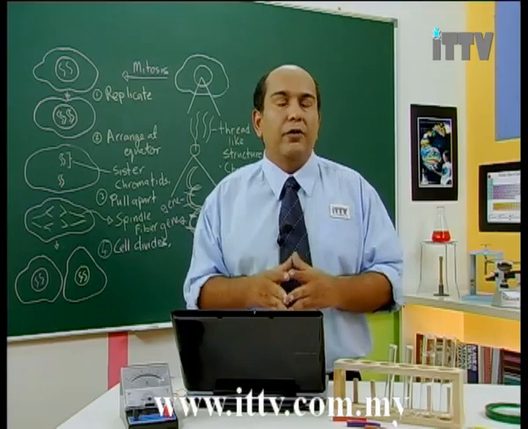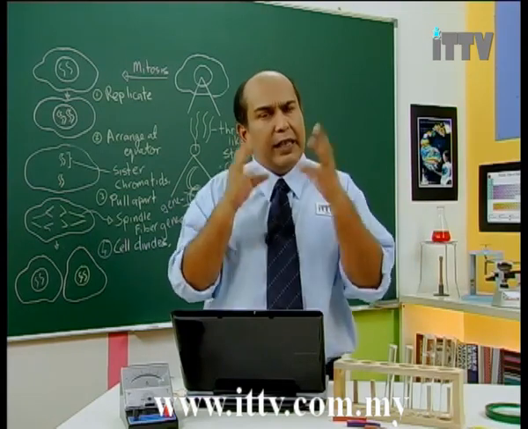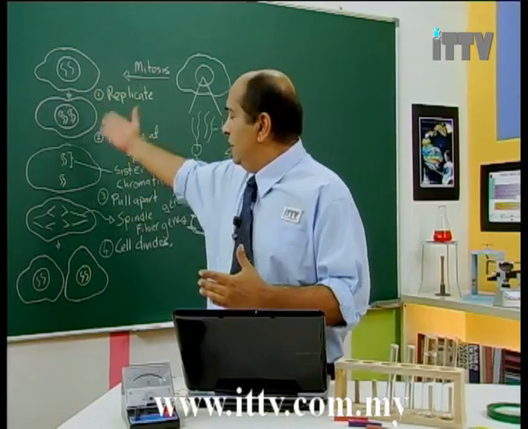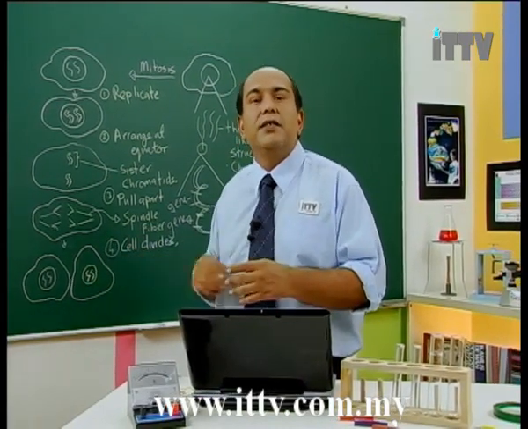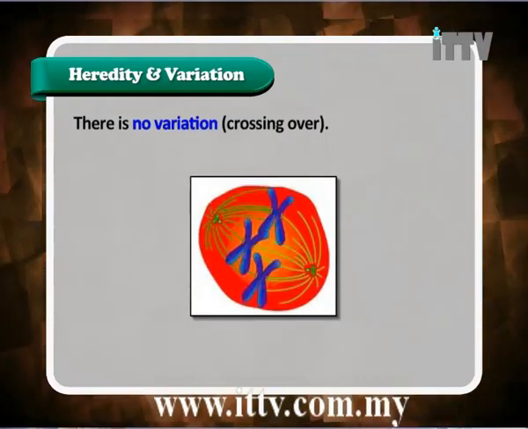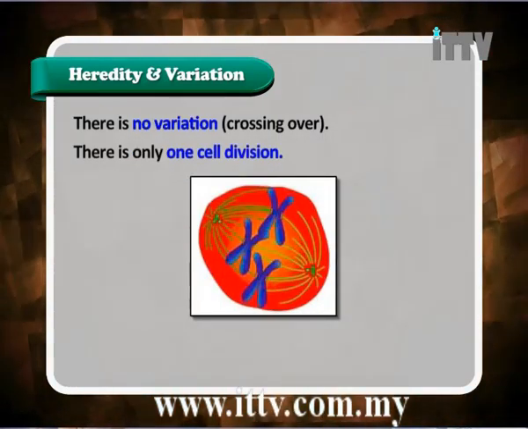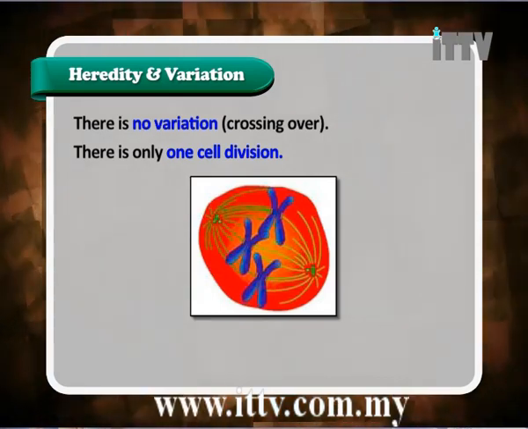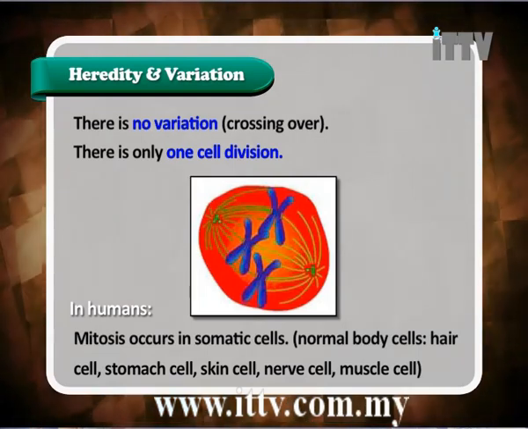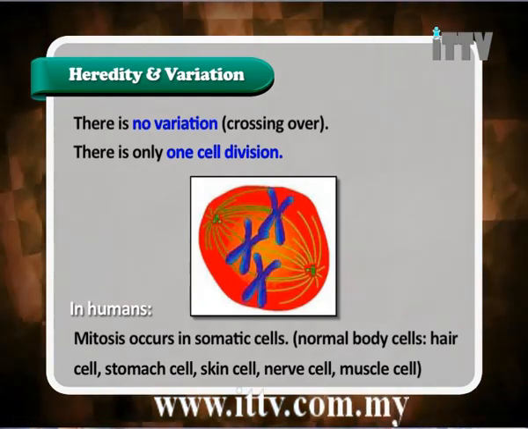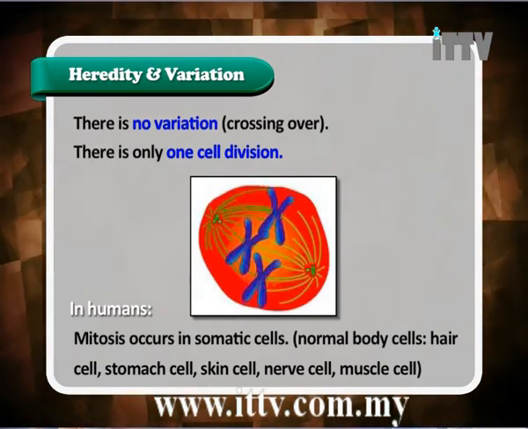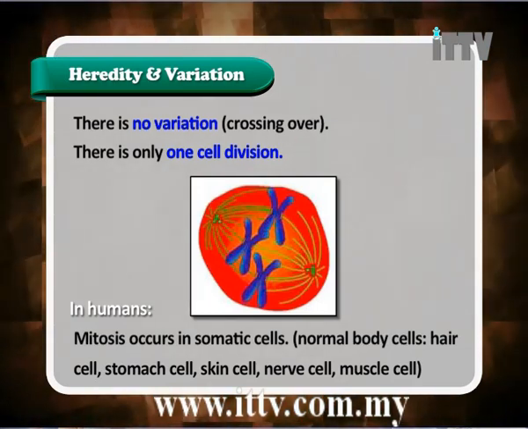If you are growing, you need to make new cells in your body, and they need to be exactly the same. So we use this process because we get identical cells being produced. There is no variation, no crossing over. There is only one cell division. In humans, mitosis occurs in somatic cells, normal body cells: hair cell, stomach cell, skin cell, nerve cell, muscle cell.